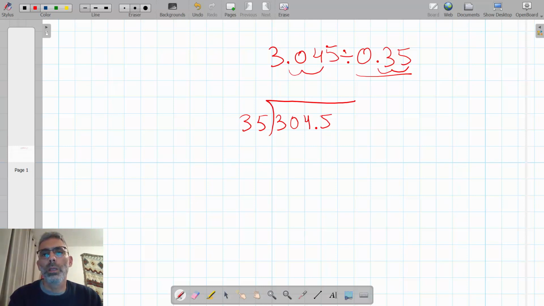I can do this because shifting the decimal point 2 places to the right is like multiplying by 100. And if I multiply the divisor and the dividend by the same number, I don't change the value of this problem.